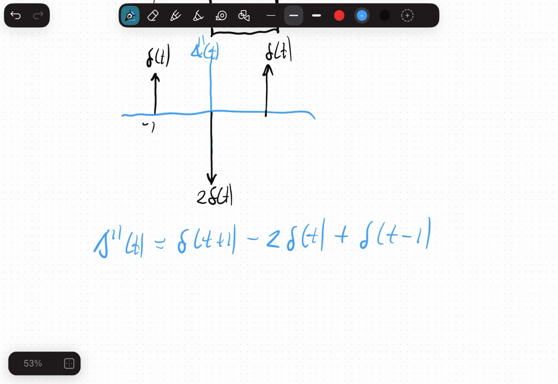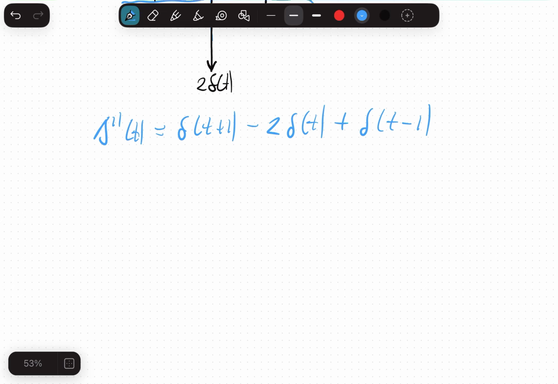So now I'm going to apply the 7th property, the time nth derivative. I'm going to apply a Fourier transform on the whole equation, so delta double prime of t, and then use a Fourier transform on the other side as well.